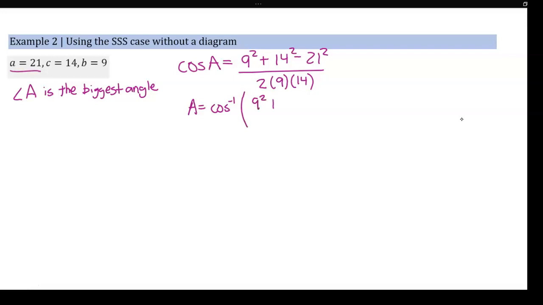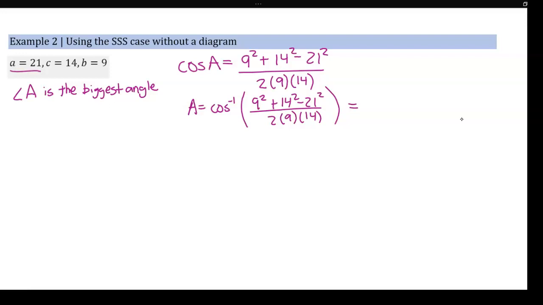And this time, we're just going to put that value straight into the calculator. It's going to give you exactly the same thing as if you simplified it. But since calculators can do all of the work, we'll make them do all of the work. So we're going to get cosine inverse. And if you have a TI-84, you can press alpha and y equals, and you get a fraction.